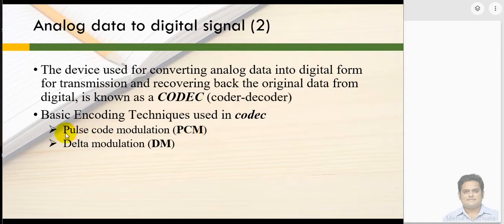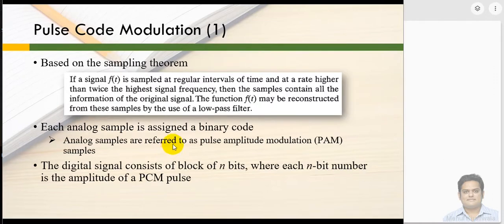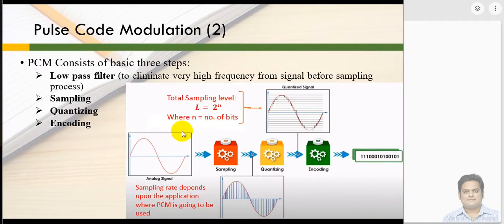We'll briefly describe what is PCM, then we'll go for the delta modulation, right? So let's see the steps, and then we will go for the basic theorem behind the sampling. These are the three basic steps involved in any PCM technique.